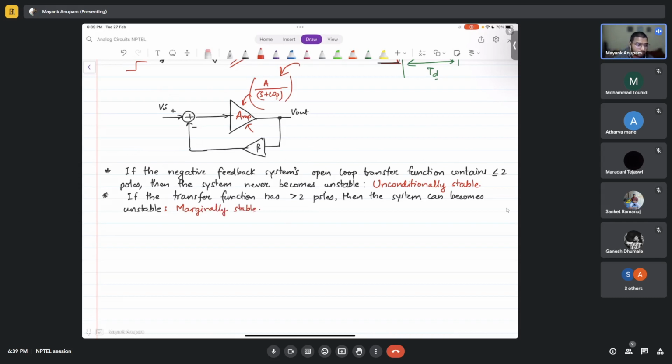Get the idea? The person who asked me what is the difference between unconditionally and marginally stable. Who asked me that question, by the way? Me, sir. Yeah, so you get the idea?